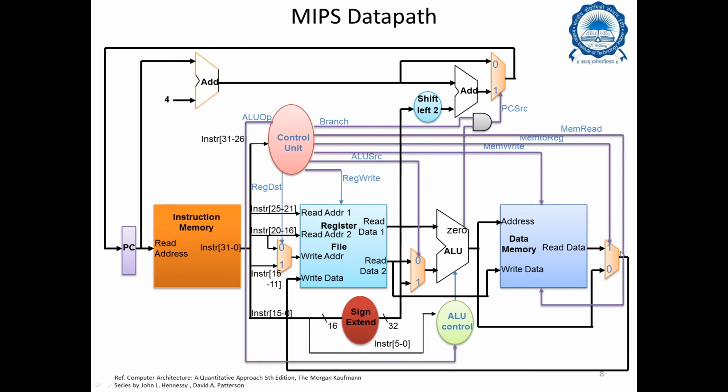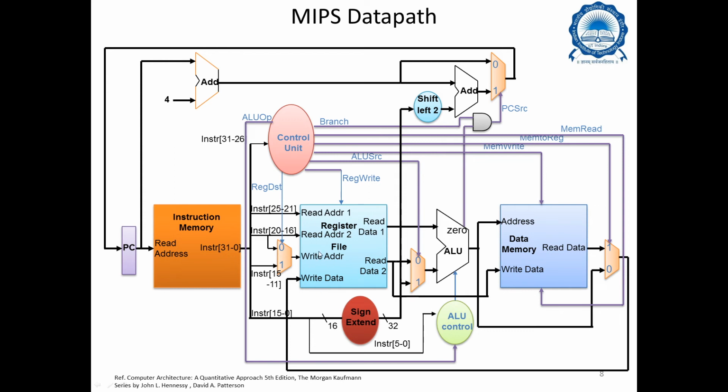Once you have this multiplexer ready, the output of this multiplexer, which may contain the data of the data memory or may contain the output of the ALU, has to be now written back into the write data field of the register.